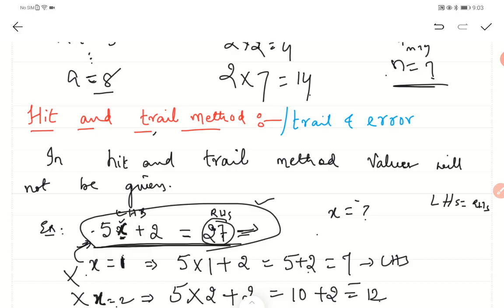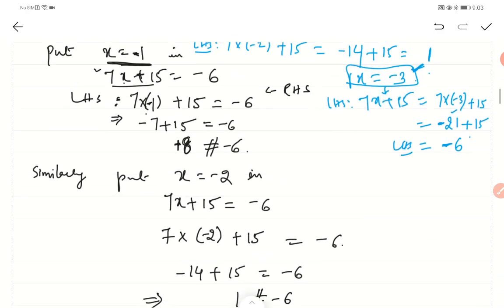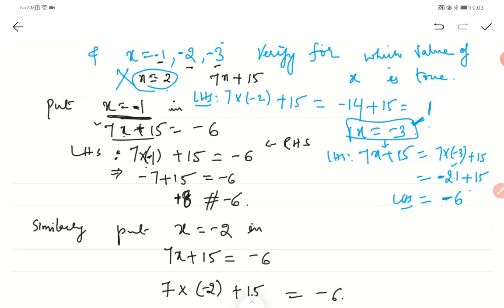And in one other method, some values of x were given directly in the question, so you need to just put the values of x in the equation and check whether LHS is equal to RHS or not.